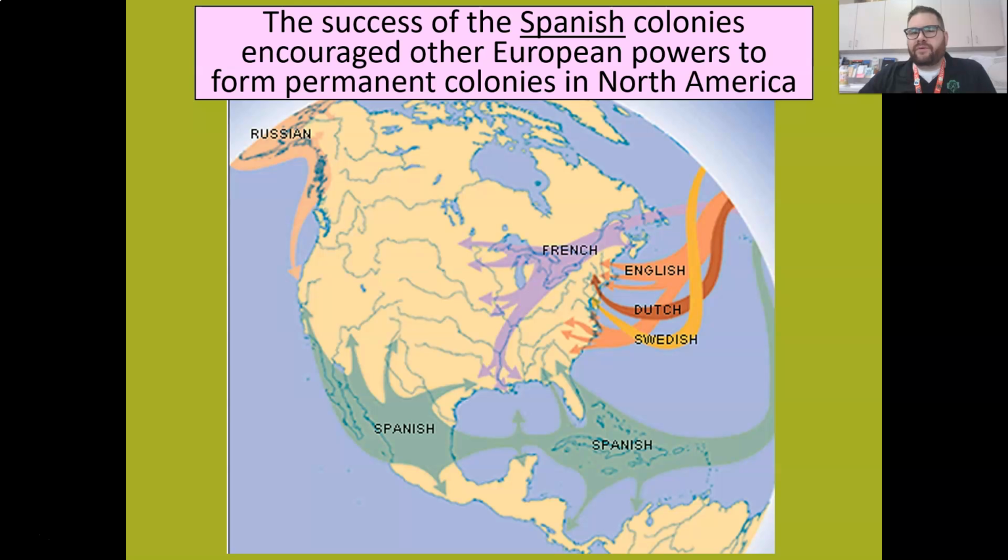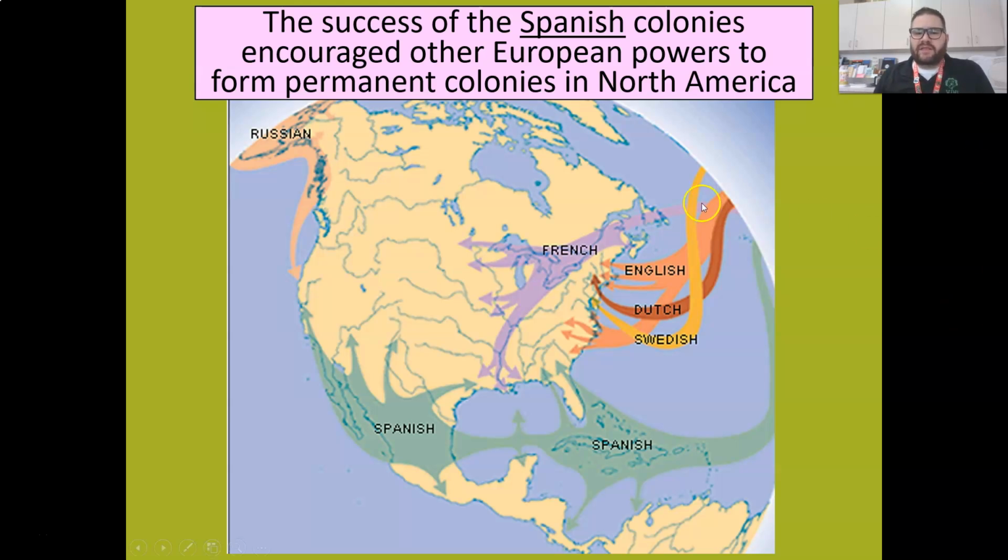One thing that's important to remember is that the Spanish, through their practice of conquest, set up some permanent colonies, but oftentimes the Spanish conquistadors were moving in through that continued movement of taking over new natural resources and societies.